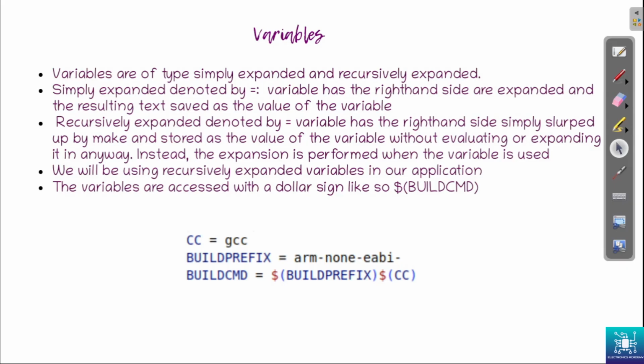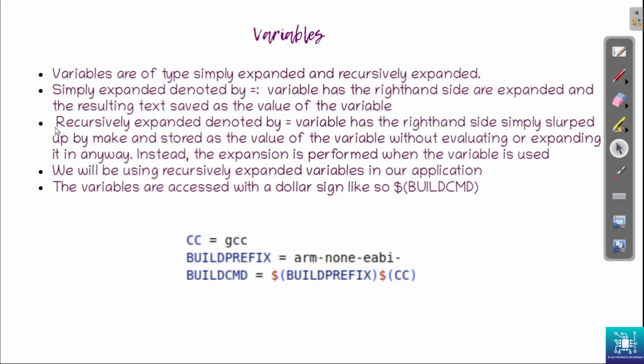Simply expanded is denoted by equal to and a colon. The right-hand side of that variable is expanded, and the resulting text is saved as the value of the variable. So when you write a variable equal to colon, at that statement the value of the variable is saved there in the make process itself.